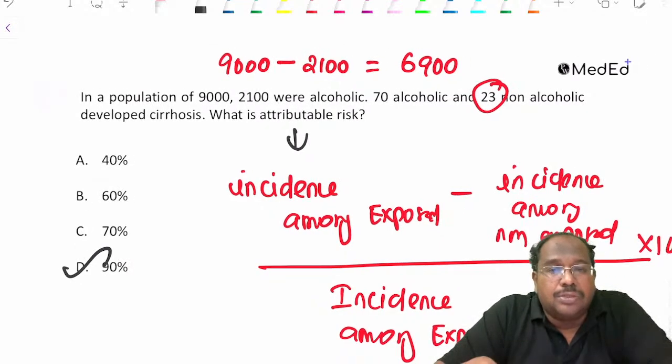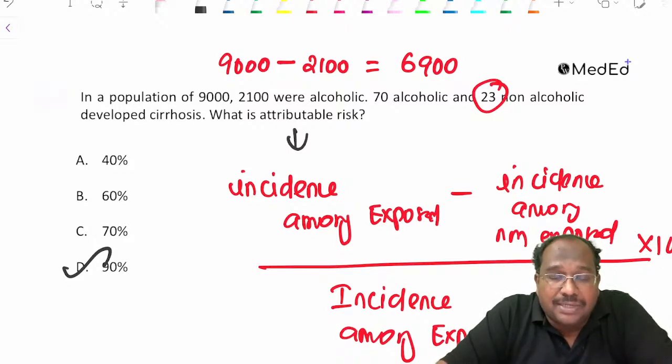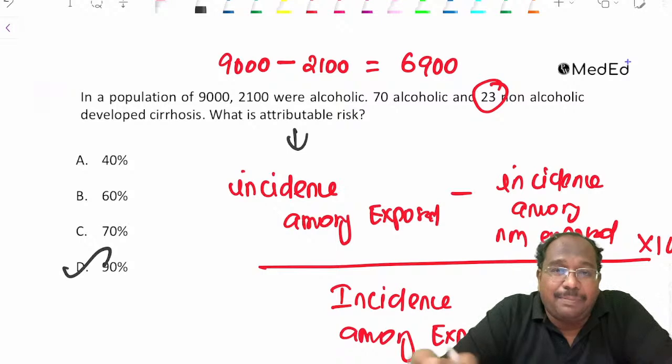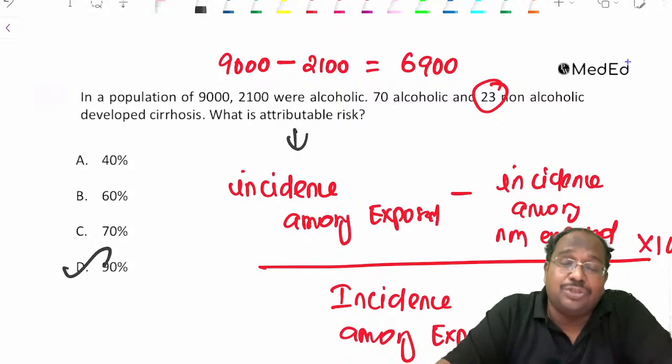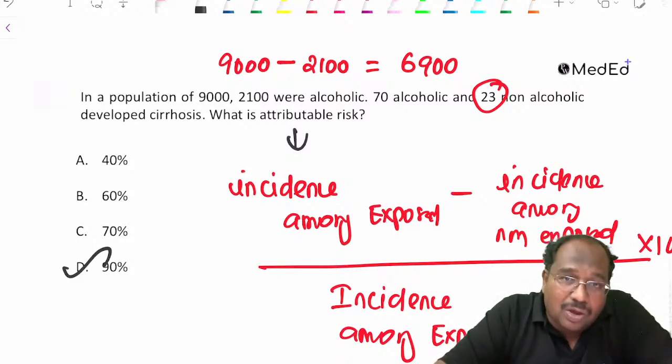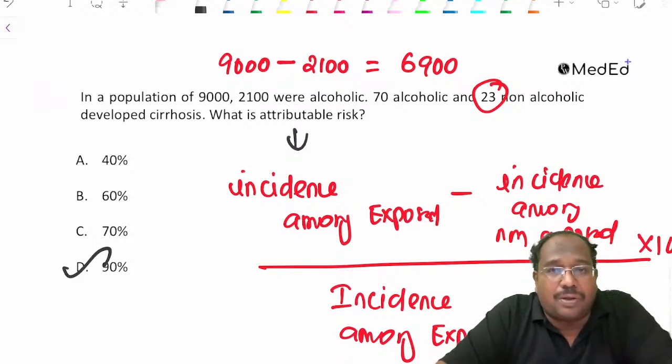That means among alcoholics, 90% of liver cirrhosis is due to alcohol. For 10% some other cause is there, but for 90% of liver cirrhosis in alcoholics, the cause is alcohol.